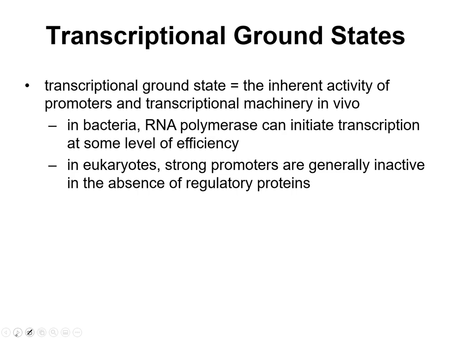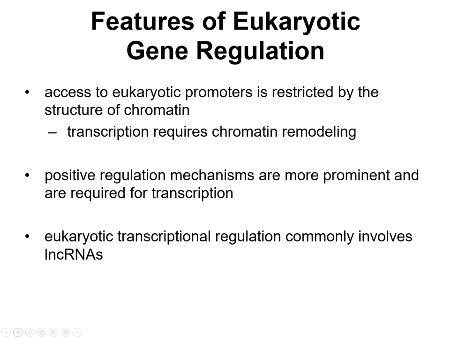So that's a bit of a departure. We are different after all. So access to eukaryotic promoters is restricted because of the structure of chromatin, which is why I inserted that. You got to have that in your mind. All this DNA is wrapped around these histone cores to make nucleosomes. You can't really get in there and bind and make an mRNA transcript.